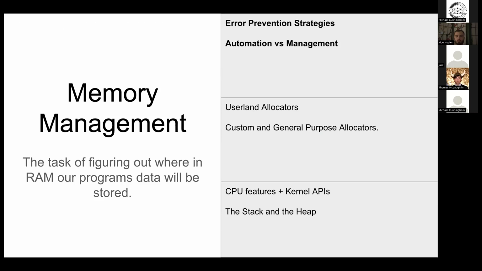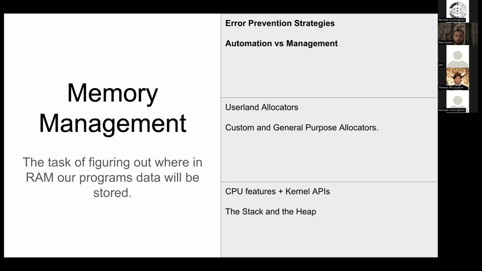So we've discussed our CPU features, our kernel APIs, and how we get the memory in the first place. We've discussed how we divide it up, which is the job of the userland allocators. And now we have the problem of using those allocators, because there are mistakes you can make with them which are really bad, and we want to not make those mistakes.